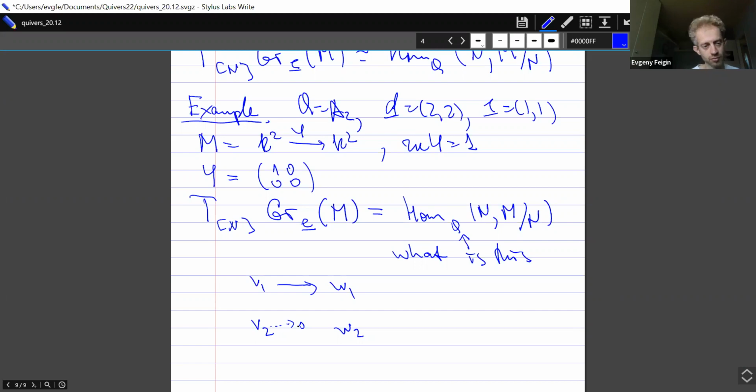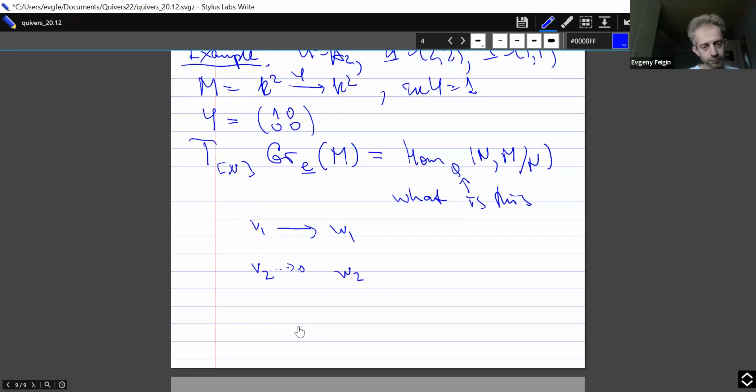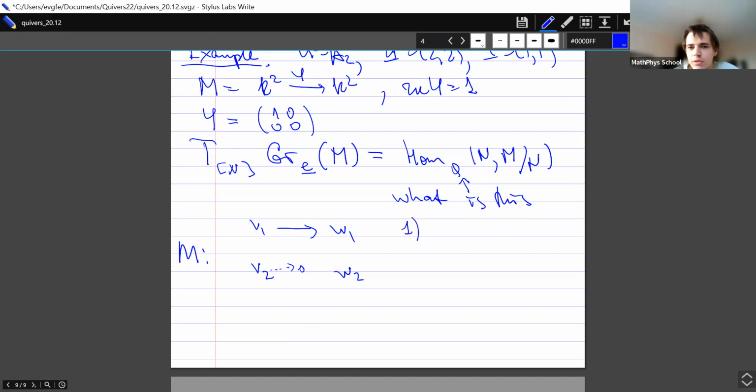We have two possibilities for N, right? Yes. The first one is if N is K to K with the identity map, and then the quotient by N is K to K, but with the 0 map.